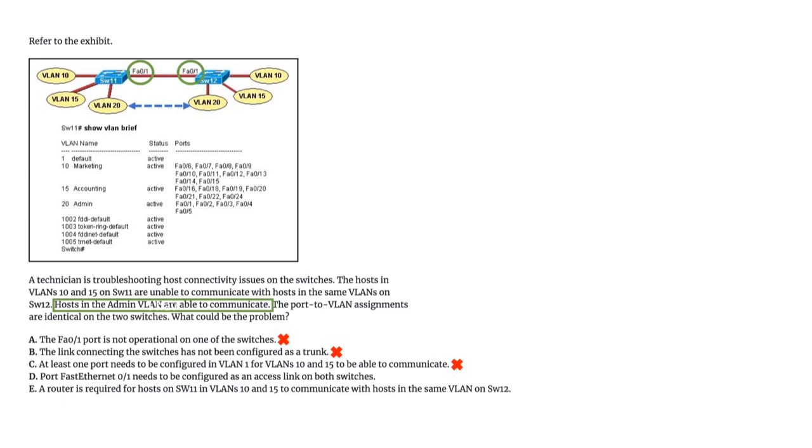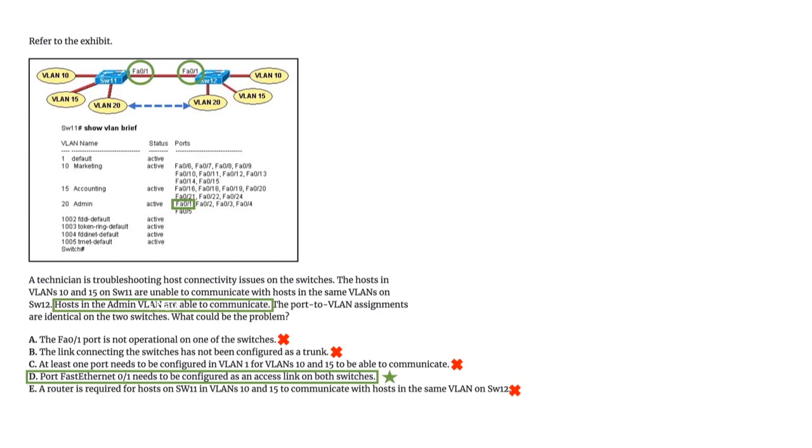D states, port Fast Ethernet 0/1 needs to be configured as an access link on both switches. So if we look at the chart, we can see that FA0/1 is in admin VLAN 20, but it's not in 10 or 15. So that's it. That's the difference between this question and all the other questions.